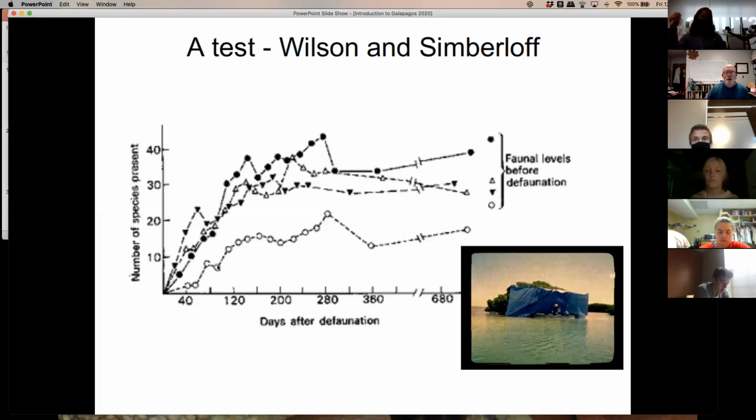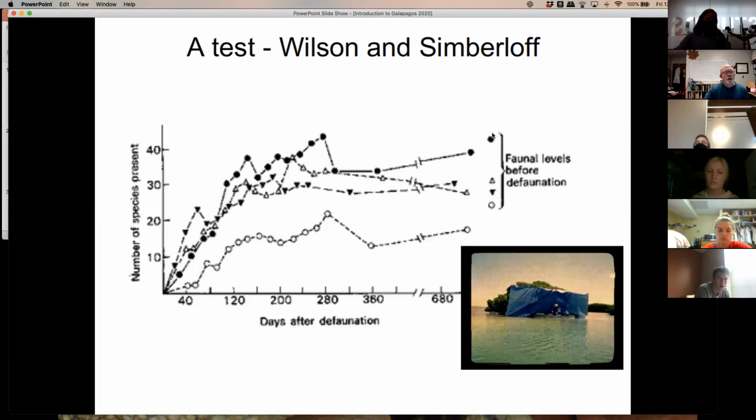They chose islands that were far away from the coast of Florida and closer to the coast of Florida. They chose big islands and small islands, and they basically killed everything on them and then watched how they repopulated. And so these are the trajectories for different islands.